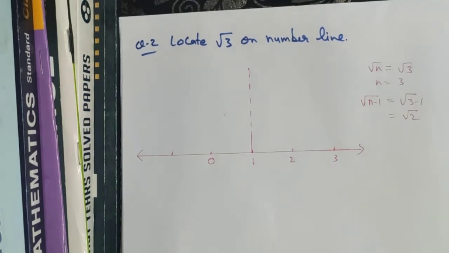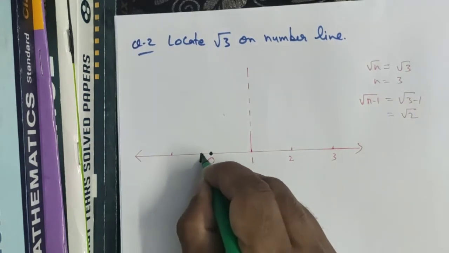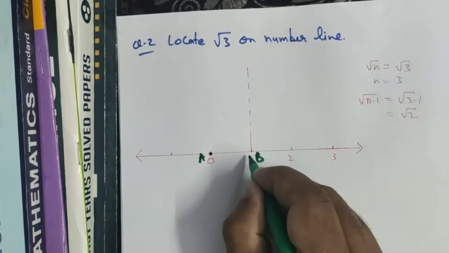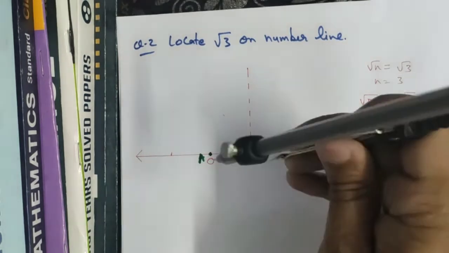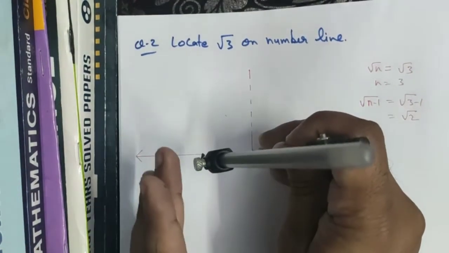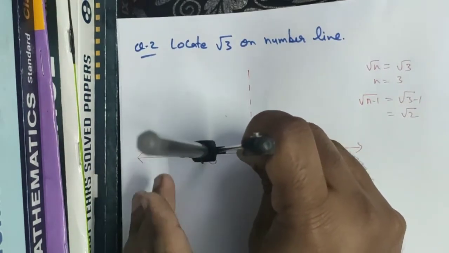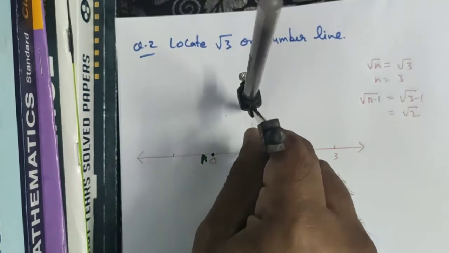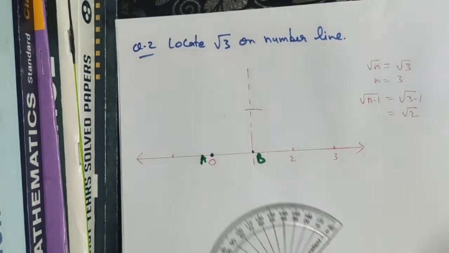Okay, and we have to take the measure equal to 1 unit. AB we have already taken as 1 unit. So we'll draw an arc equal to 1 unit.